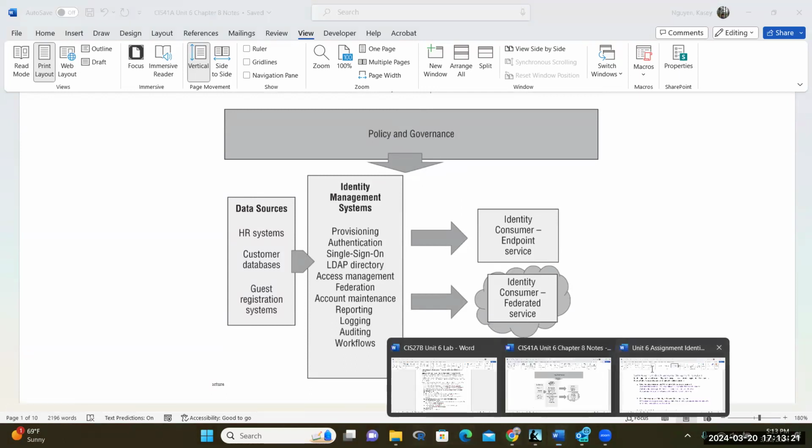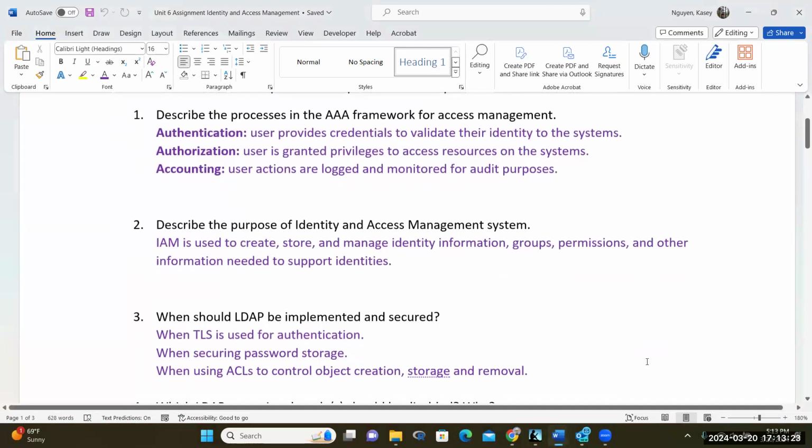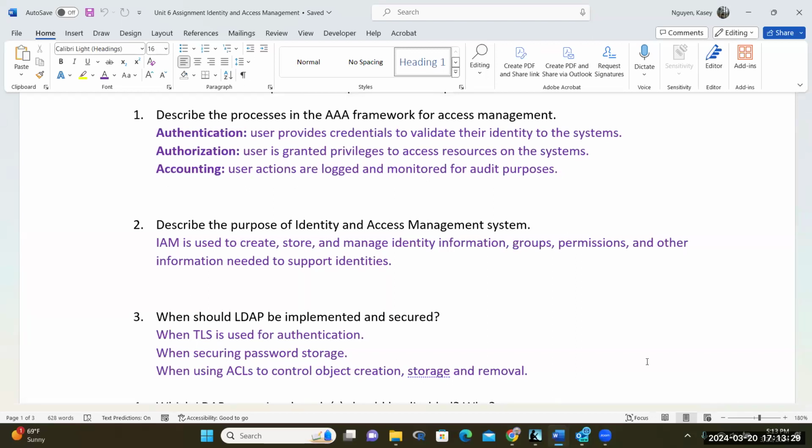So for identity access management, or your IAM, right? It's used to create, store, and manage identity information, such as groups, permissions, and other information needed to support identity.